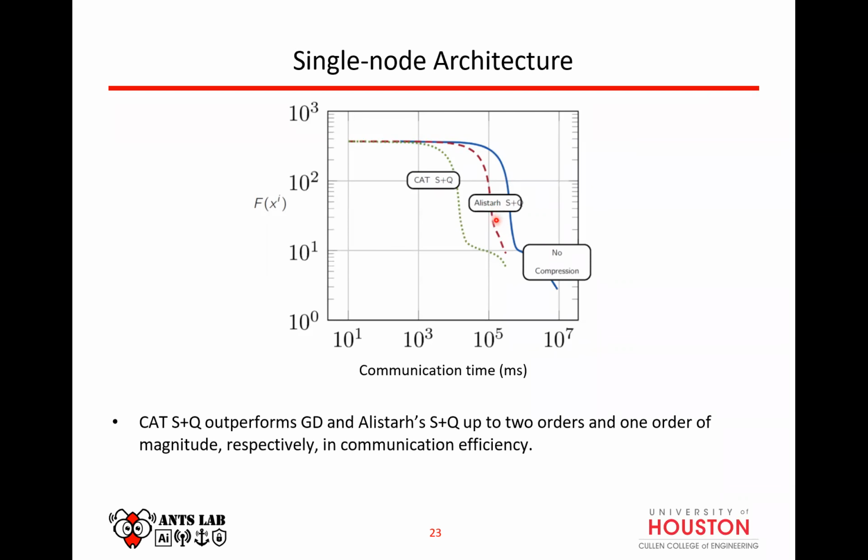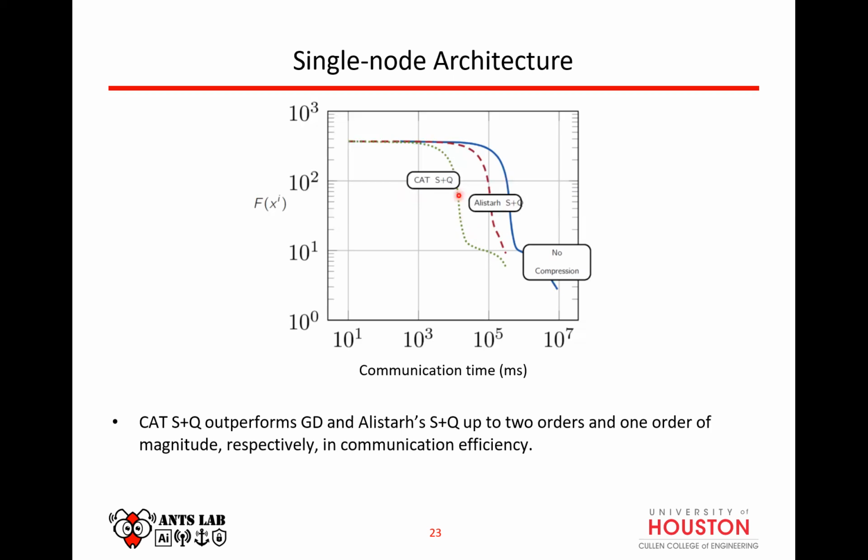You said Alistar is a fixed sparsification and quantization. No, it is dynamic. Okay, yeah, it is dynamic. But they don't tune it. It's like the standard sparsification quantization that we have seen.